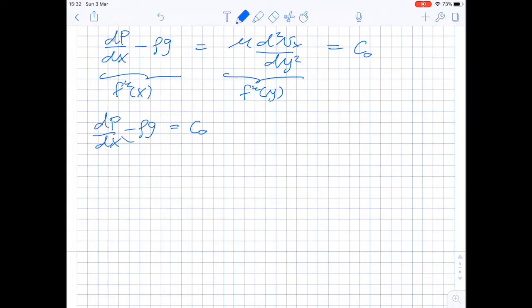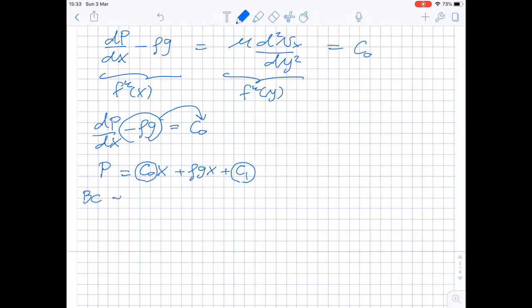If I take rho g to the right hand side and integrate, I should get pressure equal to C0 times x, because I integrate with respect to x, plus rho gx plus another constant C1. Then we have two unknowns, C0 and C1. We need two boundary conditions regarding pressure, which we do have.